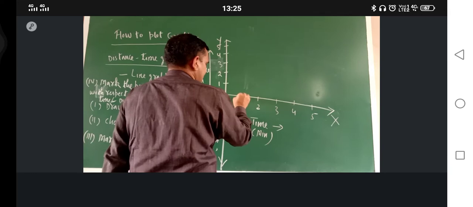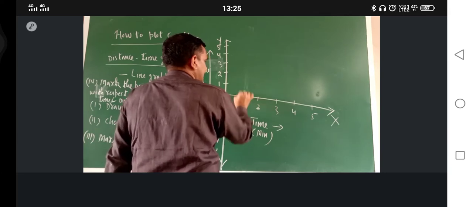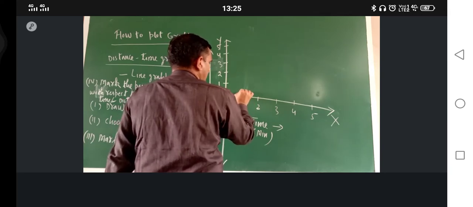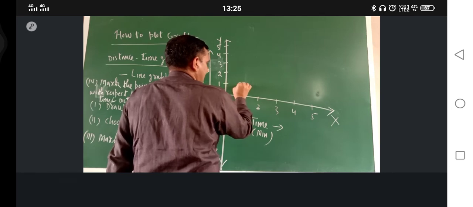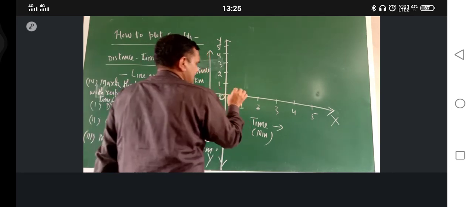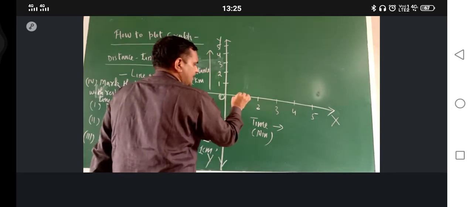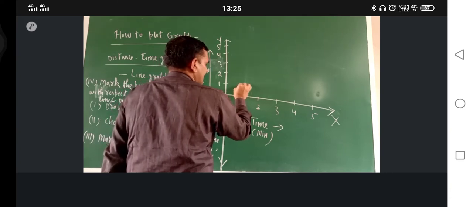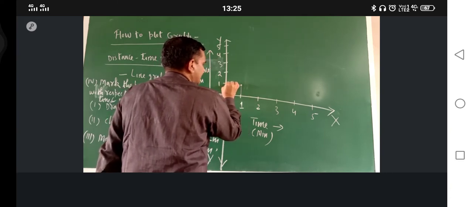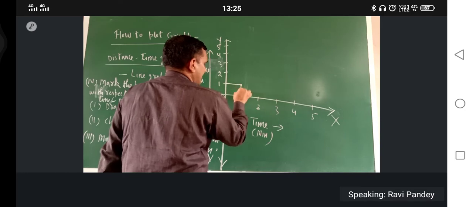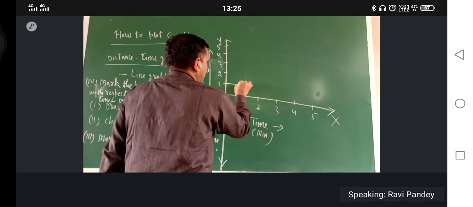So 1 minute this area, and this side 1 kilometer. Just see where that point is meeting. At this point distance and time are meeting. So mark the point.